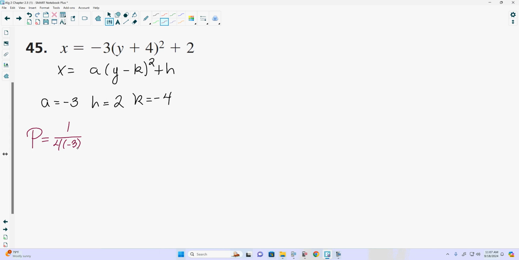We good? Okay. So we're going to find P, 1 over 4 times -3. If we plug it into the calculator, we do the calculations, it's negative 1/12. 4 times 3 is 12. It's going to be negative, but negative 12 doesn't reduce.